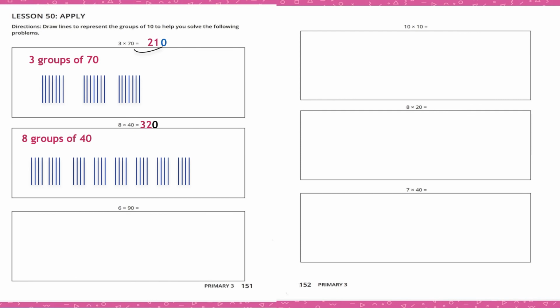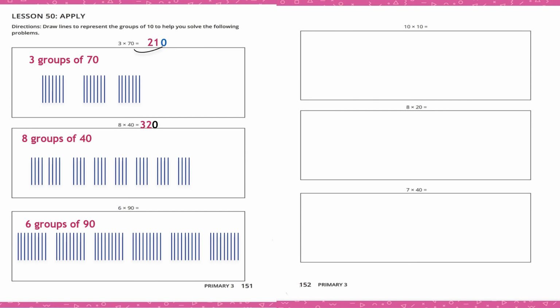Okay. Again, the next one. 6 times 90. It means 6 groups of 90. Each group contains 9 sticks for 90. I can add 90 plus 90 plus 90, 6 90s.